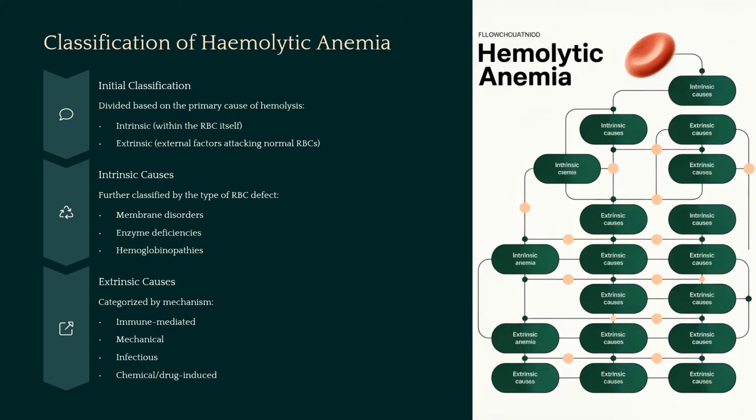Next, the intrinsic causes are further classified by the type of the RBC defect. Number one, membrane disorder. This means the membranes of the RBCs are not formed properly or are morphologically not sound. They are not capable enough to cover the RBC properly. Number two, enzyme deficiencies.